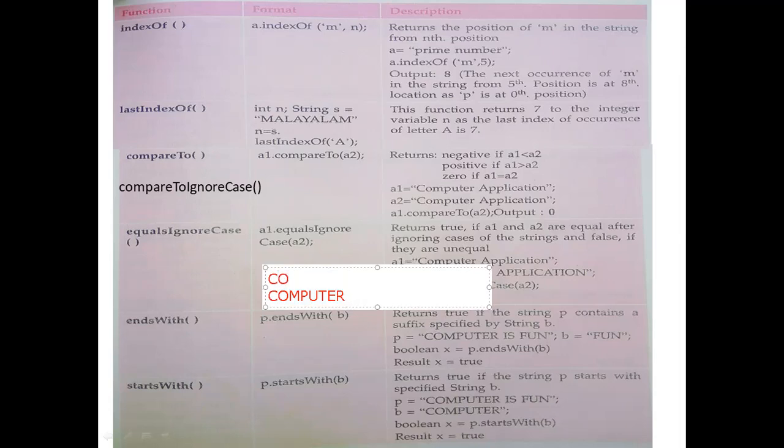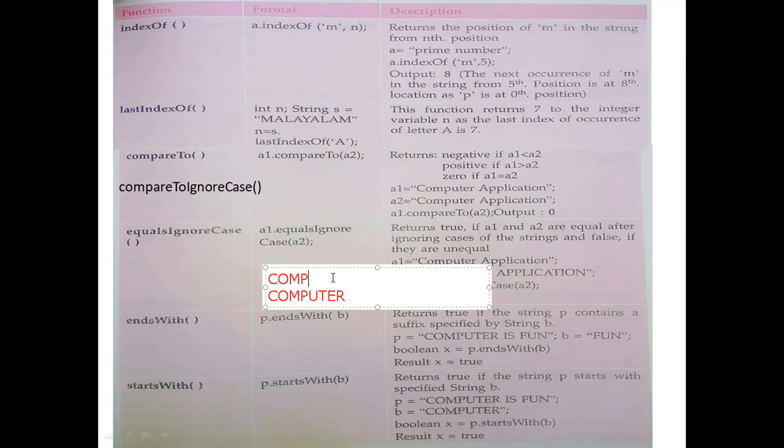But if one has only COMP, other one has computer, right? Yes, sir. First four characters compared are exactly matching. Then here less is there, right? How many characters are less here? Four characters are less here, right? Yes, sir.